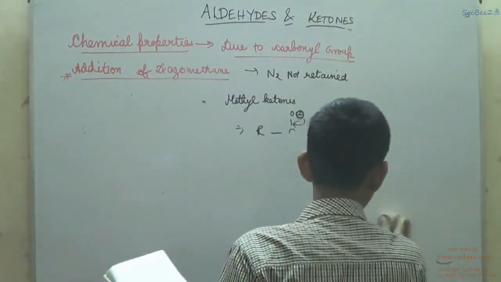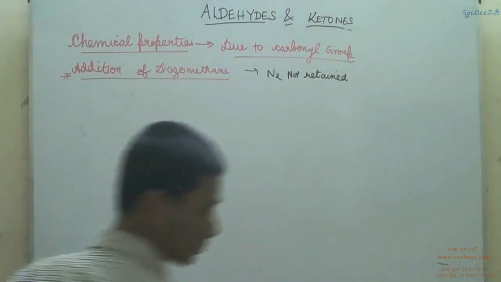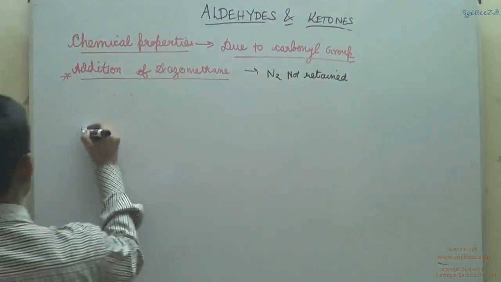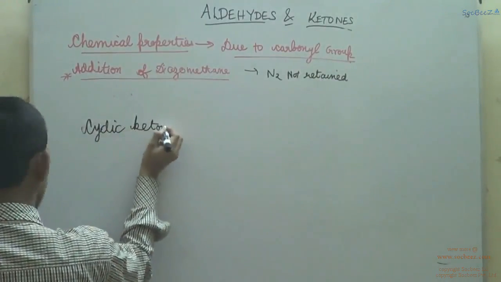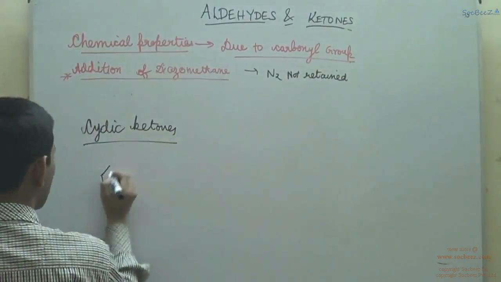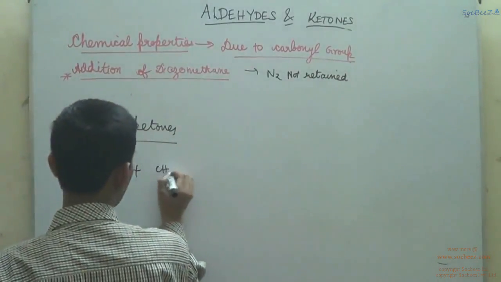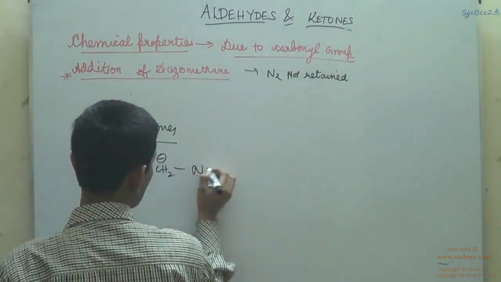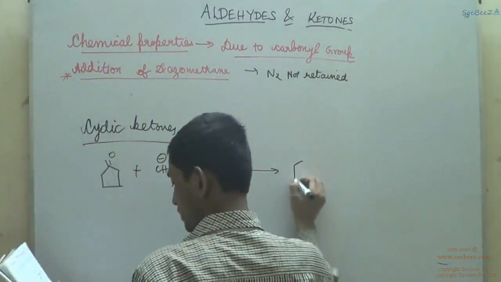Now what about cyclic ketones? Let me take an example. This is a cyclic ketone. You have diazomethane, with a negative charge, and a positive charge on nitrogen because nitrogen cannot form 4 bonds generally.